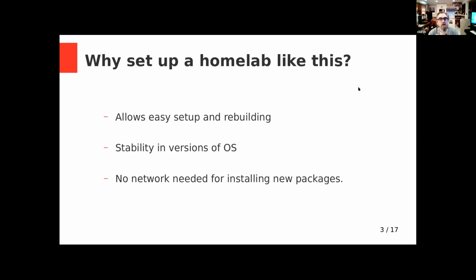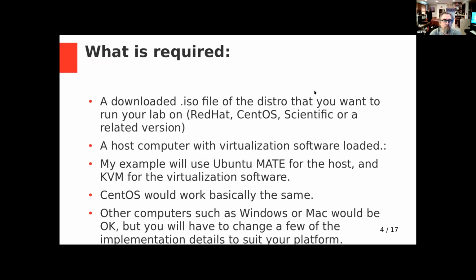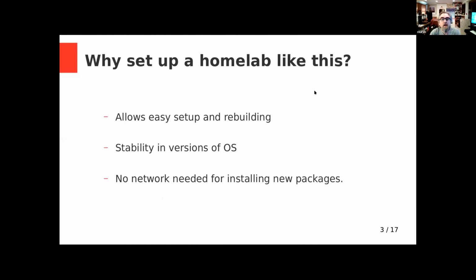So I want to get back to this slide when we have a little time, when we're waiting for stuff. Actually, let me go back. I'll discuss this now, and I'll leave a little time for questions while we're waiting for things. Setting up a home lab like this allows us to very quickly and easily set up and rebuild new VMs.